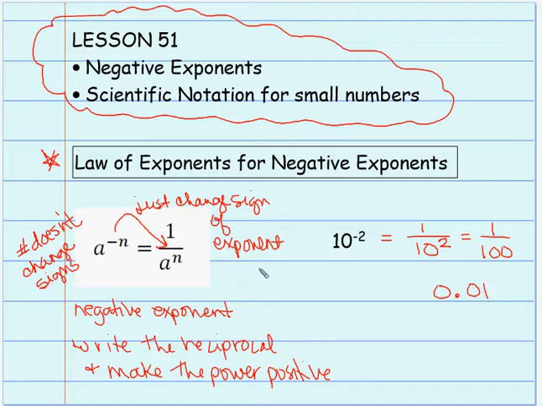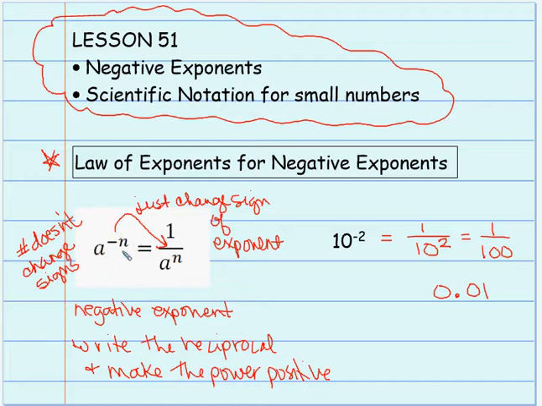Okay, this tends to be an area where we get confused. It really is just kind of just this easy. It's just a rule that you have to remember. When you see a negative exponent, it's an indicator that that base with the exponent is in the wrong part of your fraction.